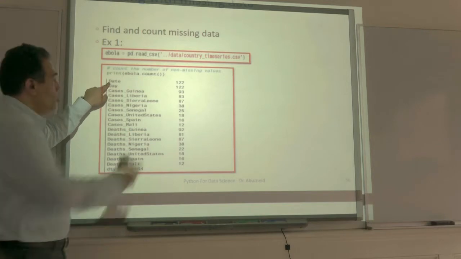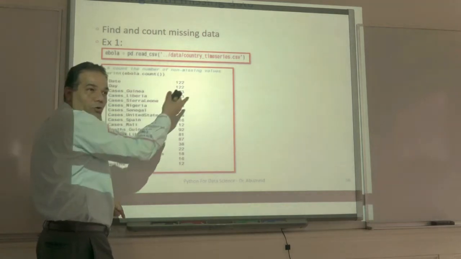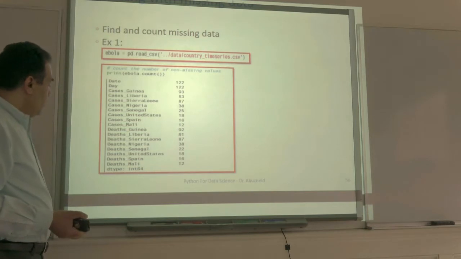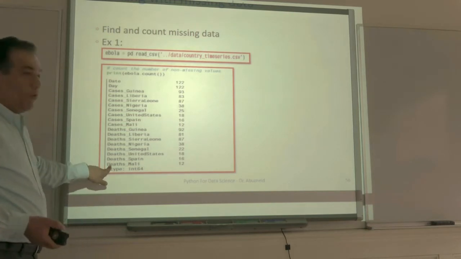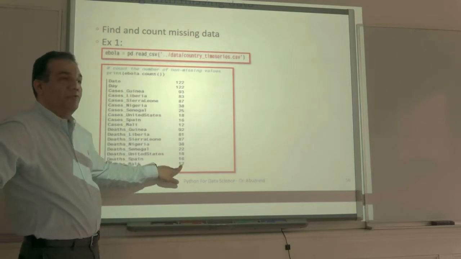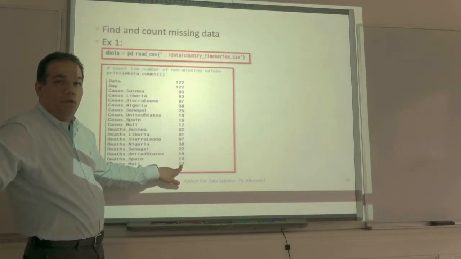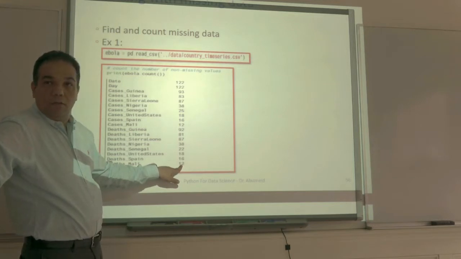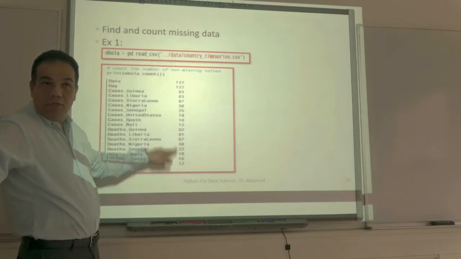None, 0, because 122 minus 122 is 0. All right. If the number of rows is 122 and we have only 12 entries, how many missing values do we have? 110. Right? That's the missing values.